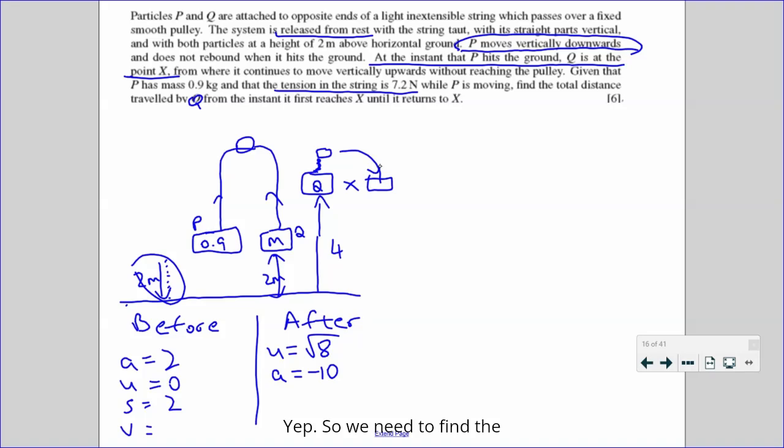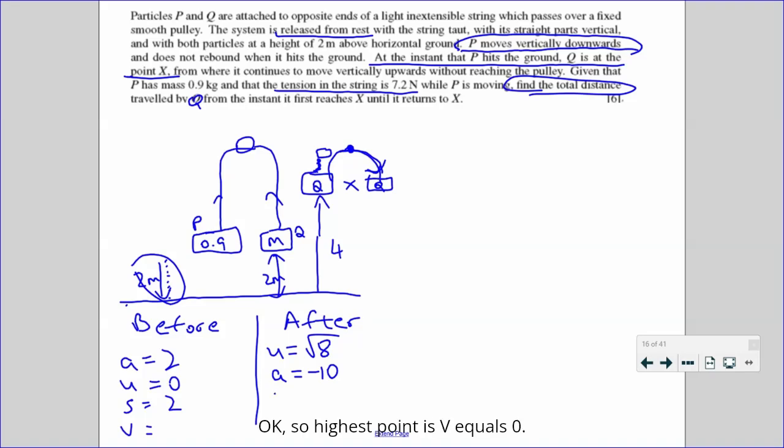Yep. So we need to find the distance from here and coming back down. Okay. So what I will do is I will use the method where it goes to the highest point and then I will double it.